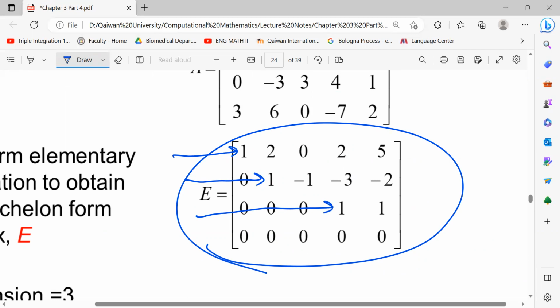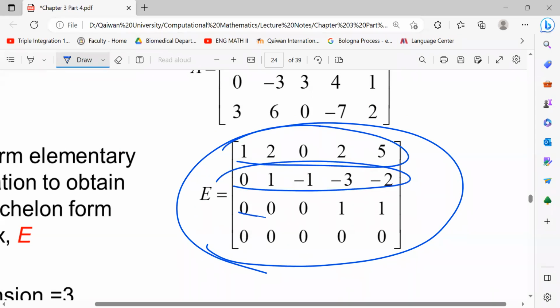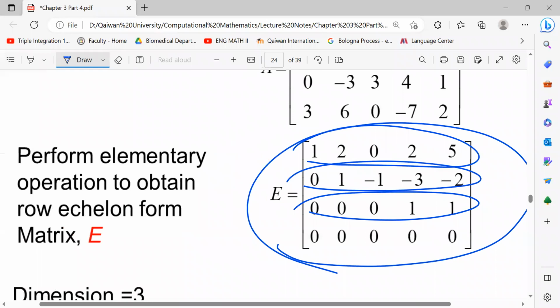Okay? This row and this row. We write down, let's say R1, R2, R3. These 3 are called the basis for the row space of A, which is the basis for the row space of the vector space V. Okay, so the bases are these 3.